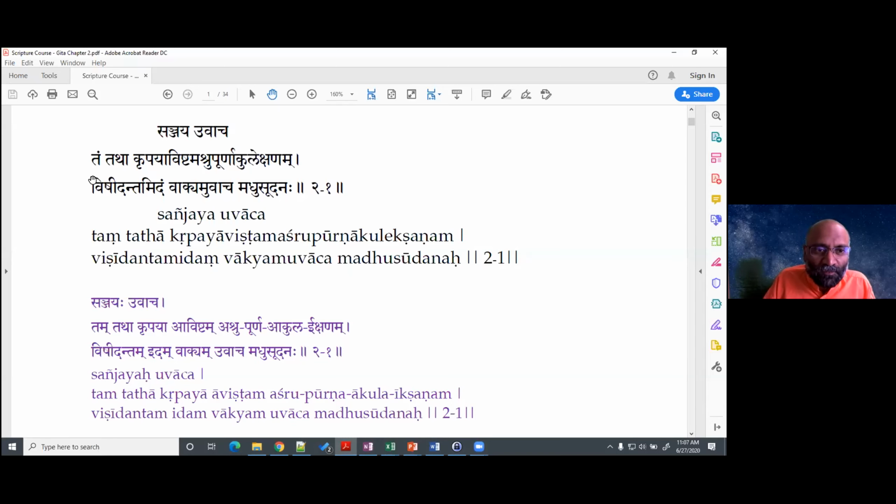So you see, for example, here, Krupaya Vishtam. This looks like one huge word, Krupaya Vishtam Ashrupurna Kulekshana. But here we have provided you, because not every one of you would be knowing these rules, what are the individual components. So wherever you see the space, that is a sandhi split. That means these two words are separate words. They just join together because they happen to be close together.